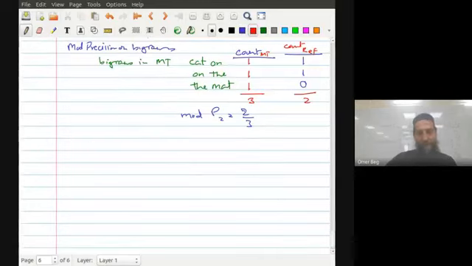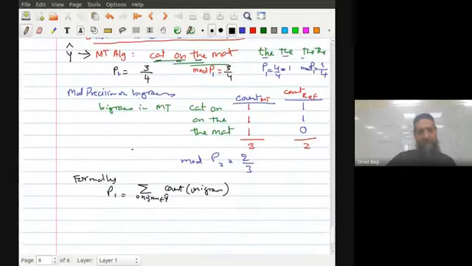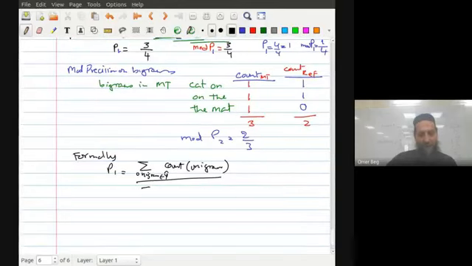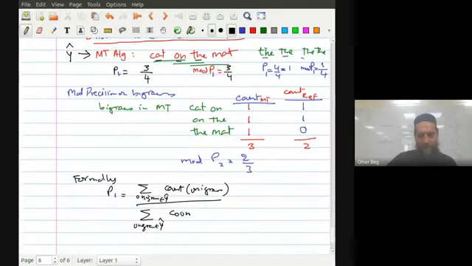So I'll write it more formally. P1 was the sum of the counts of a particular unigram in the unigrams generated by the machine translation, and I'll call this machine translation y hat, as we had said this is the predicted value, divided by the sum of unigrams in y hat. So this is the clipped version.